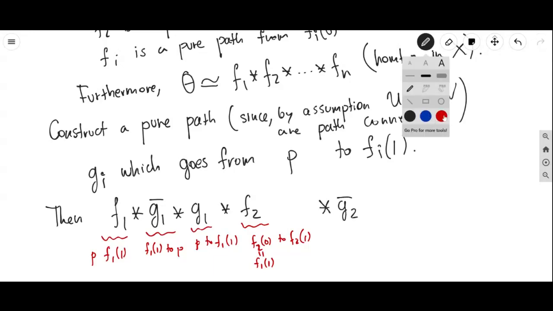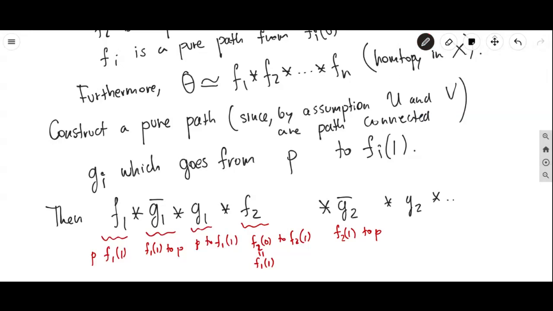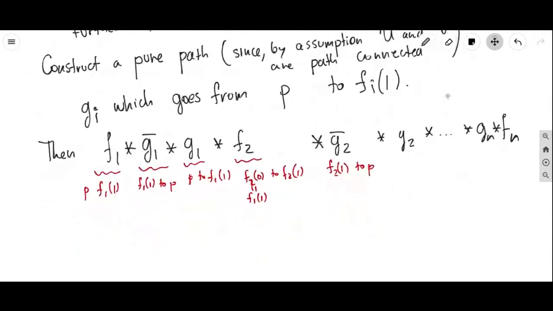So G2 reverse would then go from F2 of 1 to P, and so on, and so forth. Then we juxtapose G2, and so on, until we reach the very last one, which is going to be Fn. I guess it should be Gn juxtapose Fn. So this is the way we write all of this.